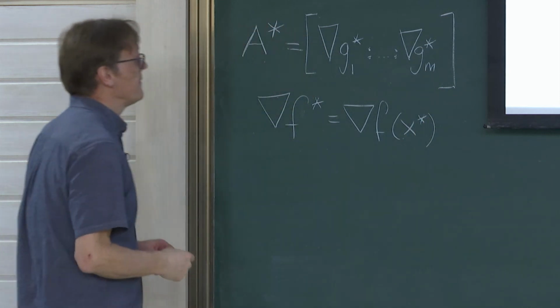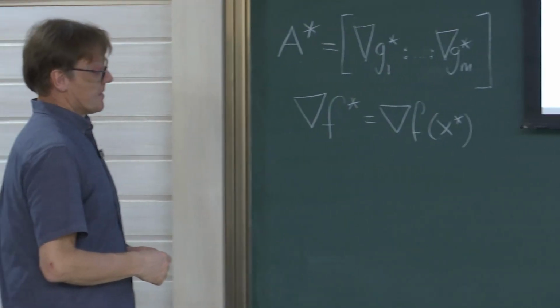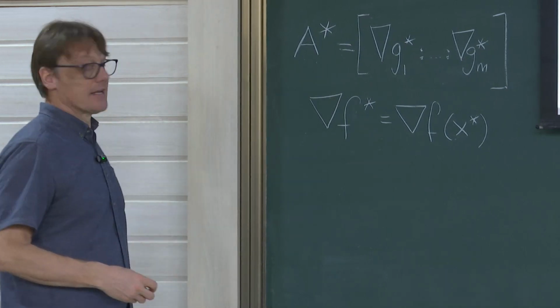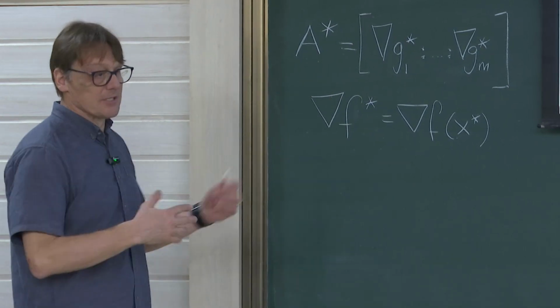So this is my abbreviation that I'm using. So this is the Jacobian matrix, or the transpose of the Jacobian.